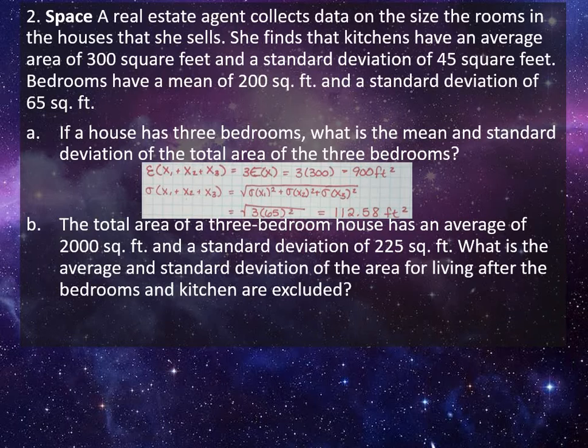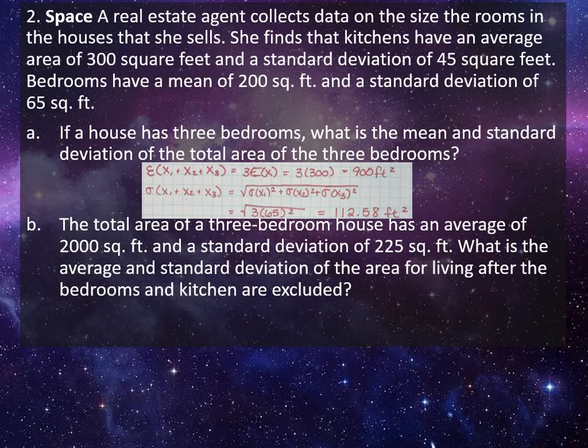So when I'm talking about the average and standard deviation for the living area after the bedrooms and kitchens are excluded, we can say the expected value of the house is 2,000. And that's going to be equal to the expected value of the 3 bedrooms, which was 600, plus the expected value of the kitchen, which had an average of 300, plus everything else.